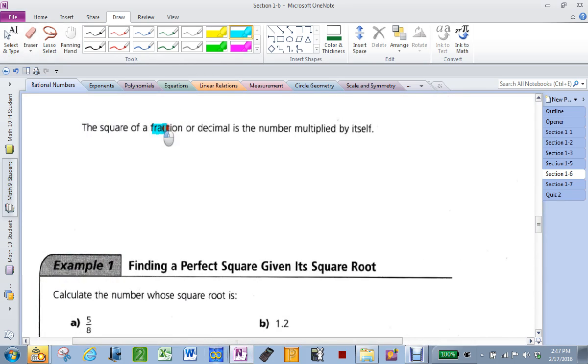So, fractions and decimals. Remember, if it happens once in math, it happens all the time.